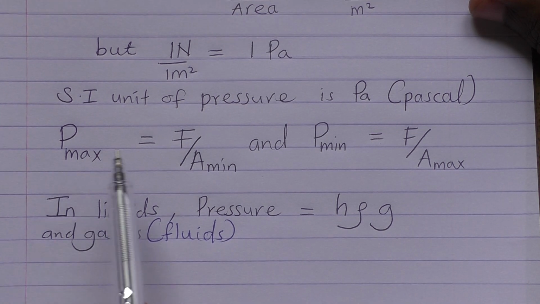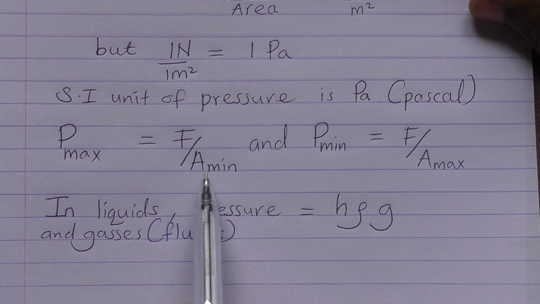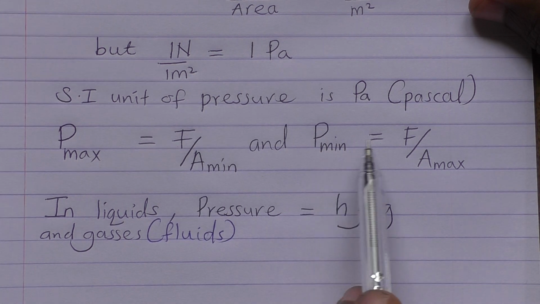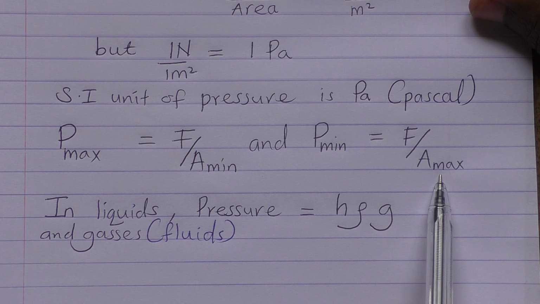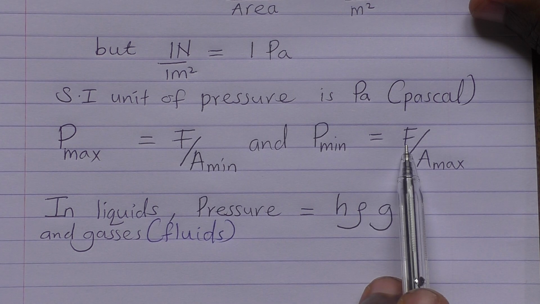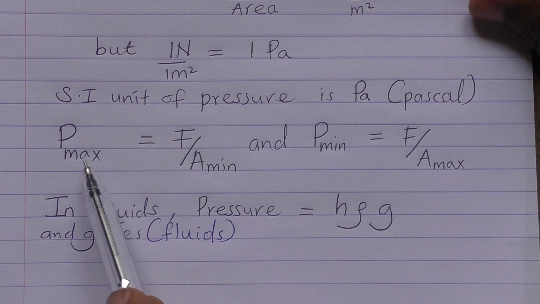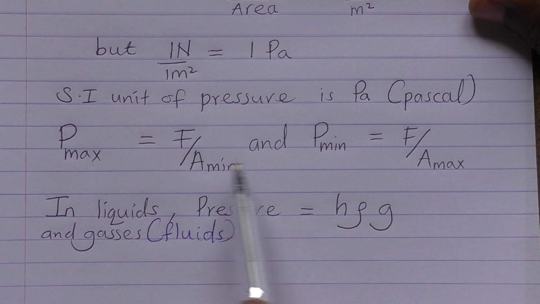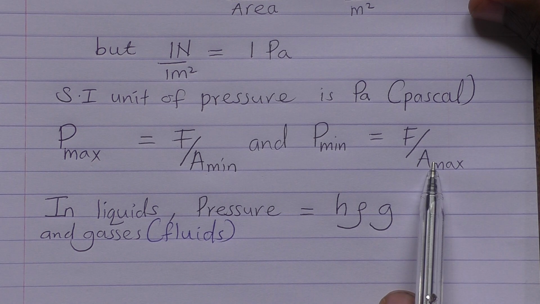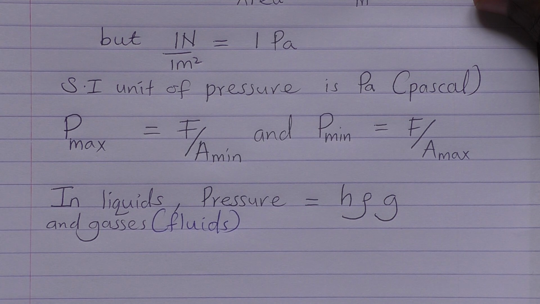Maximum pressure is given as force over minimum area, whereas minimum pressure is force over maximum area, meaning that the force is kept constant and it is the cross-sectional area or area of contact that affects the pressure. That is how we shall be getting maximum and minimum pressure.